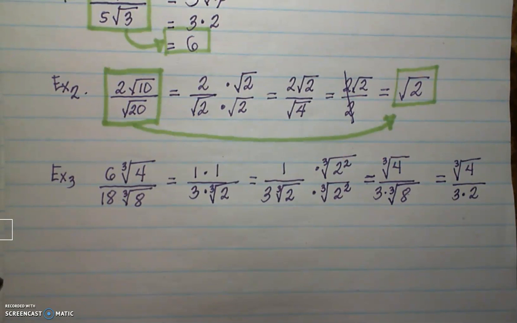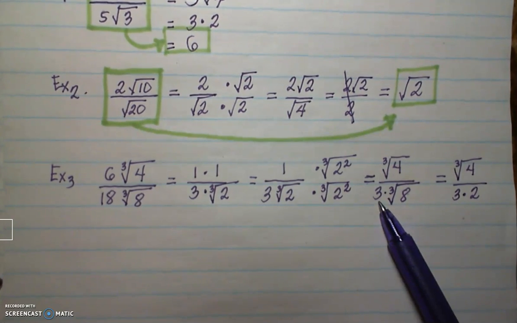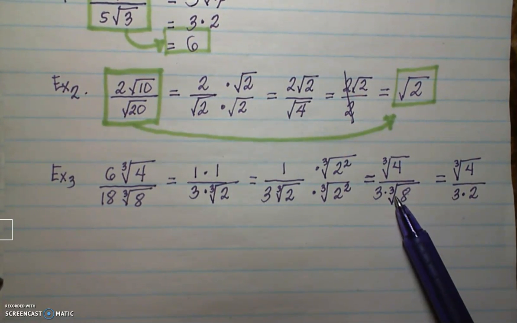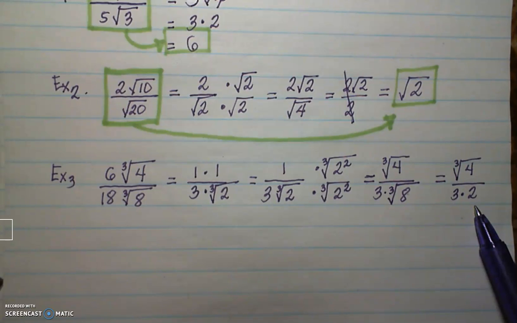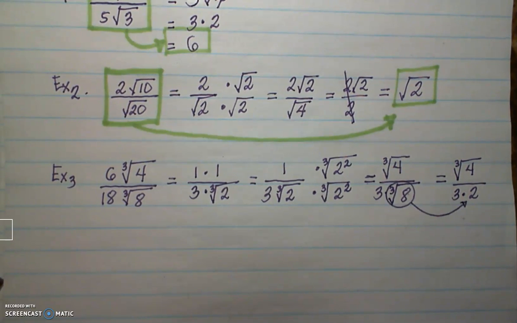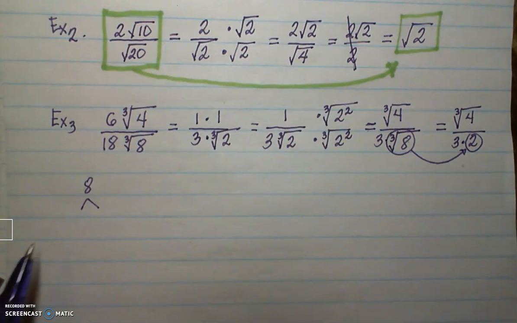All right, so let me explain this. Again, my numerator is that, and my denominator is 3. I just copied it down. And the cube root of 8 is a perfect root of 2. And let me explain why. Let's go ahead and get the prime factors of 8.